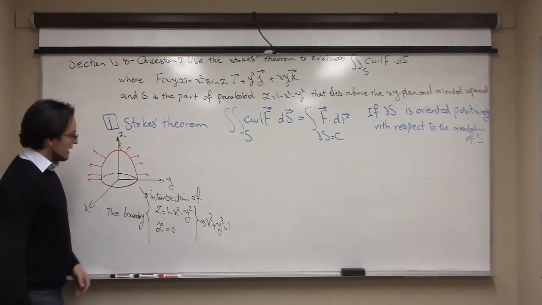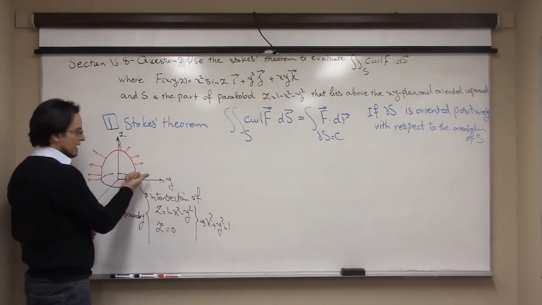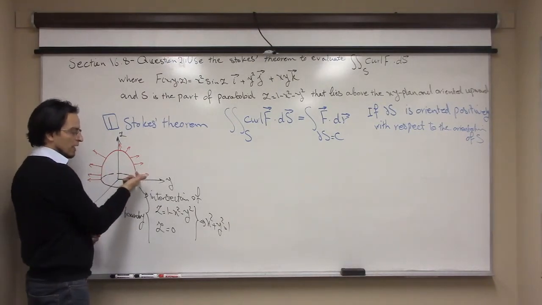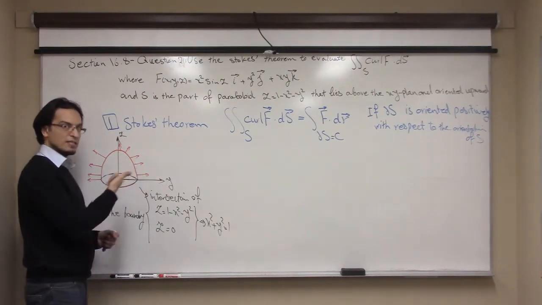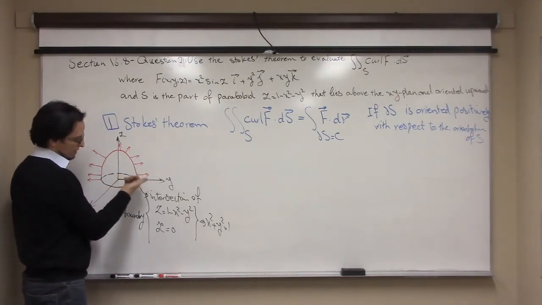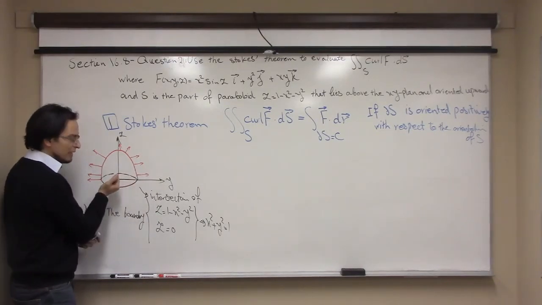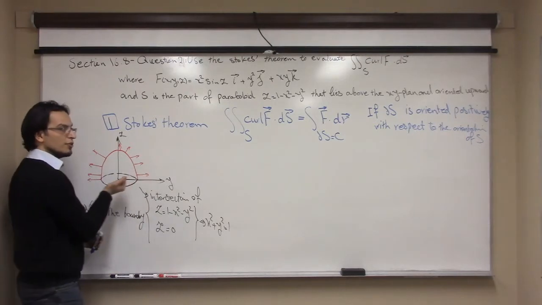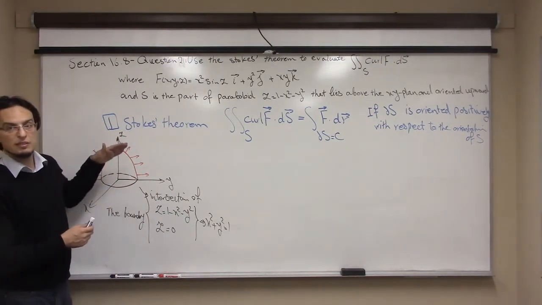What does it mean? It means that if you stay up, like the orientation of the surface is up, so in this case I have to stand like this on the curve, and when you move in a direction on the curve, the surface stays on your left.